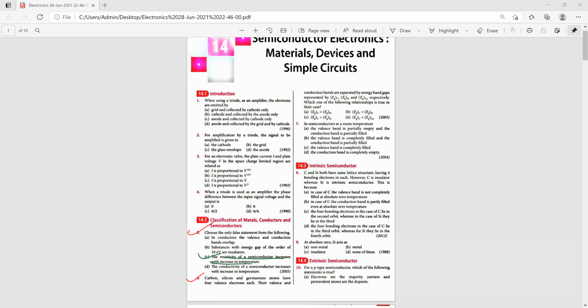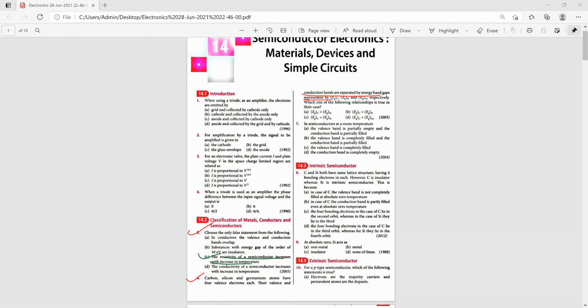Sixth one, carbon, silicon, germanium atoms have 4 valence electrons. Their valency and conduction band are separated by energy band represented by Eg. Eg of carbon and energy of silicon and germanium they have given. Which one of the following relationships is true? And 4 options they have given.